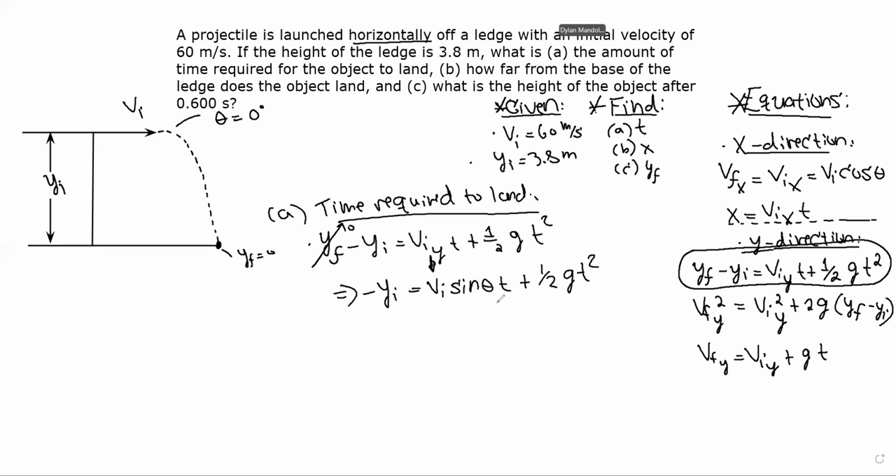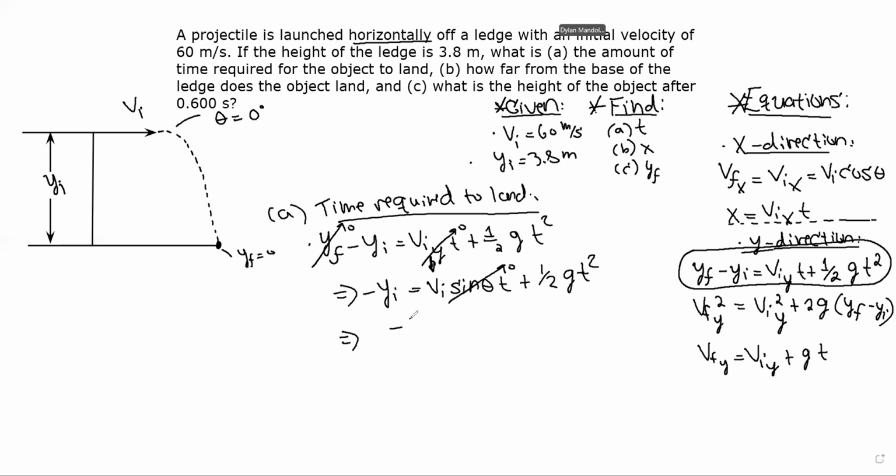Are there any other zeros we can plug in to simplify the equation? Well, theta is 0 degrees. We could have realized that sooner as well. Sine of 0 is 0. So the entire equation reduces to negative y initial equals 1/2 g t squared.